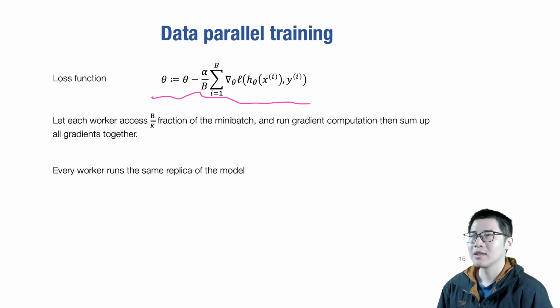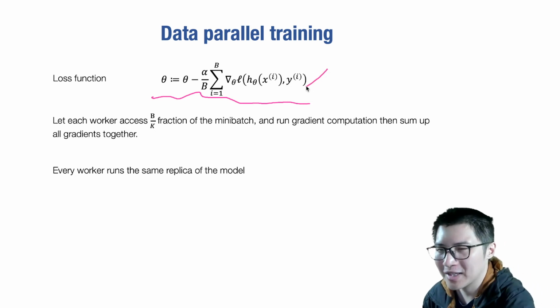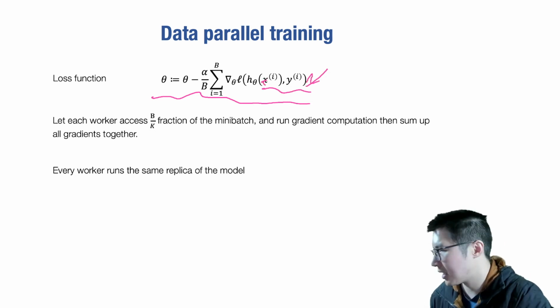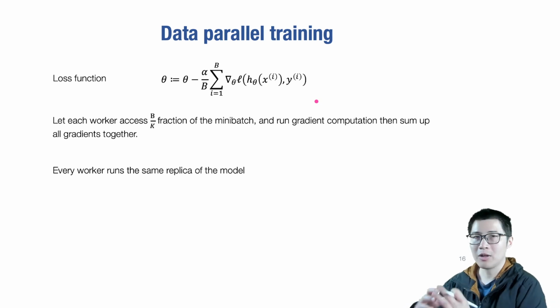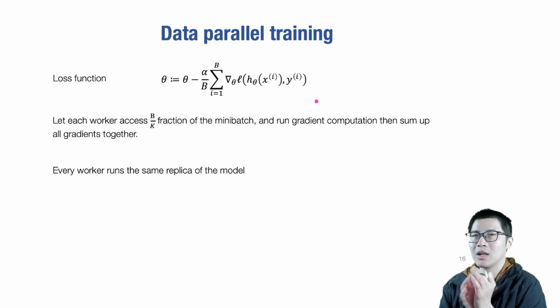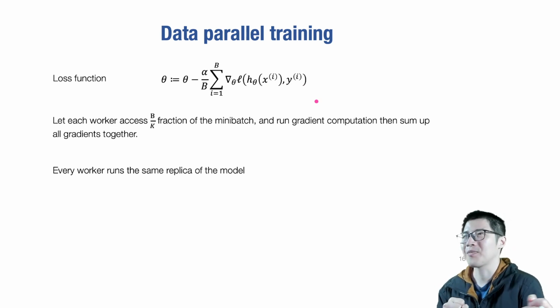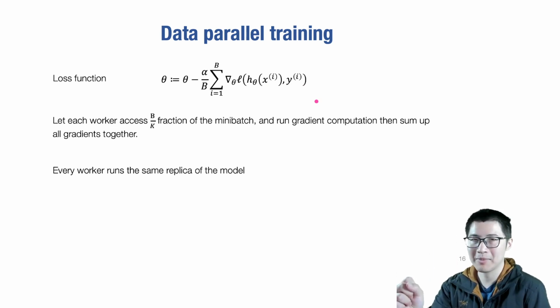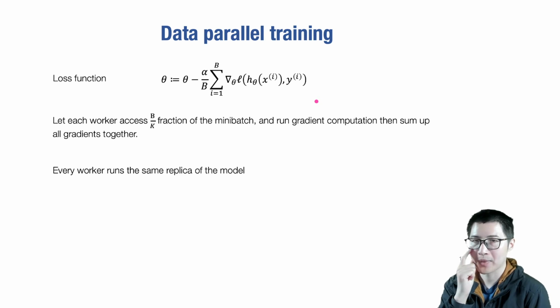Remember that the gradients for each of the instances are computed independently. So what we can do is take a mini batch, divide it into a lot of smaller batches, and distribute that fraction of the mini batch onto each worker.